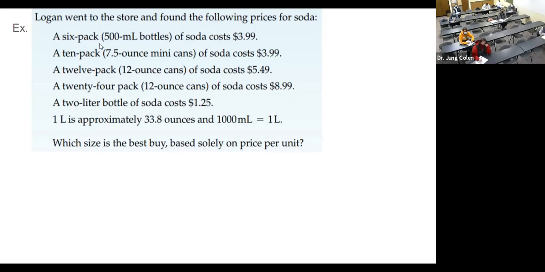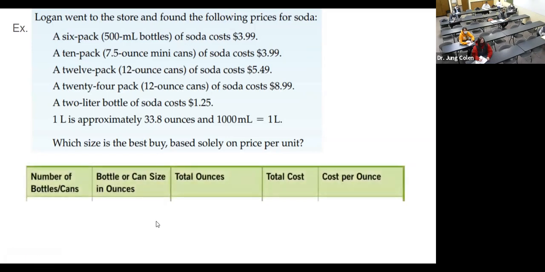The first one, the 6-pack, is given in milliliters. Next one, it's in ounces. Third one is in ounces as well. This one is in liters. So we have 3 different units there. We need to find the same unit first. Don't you think?